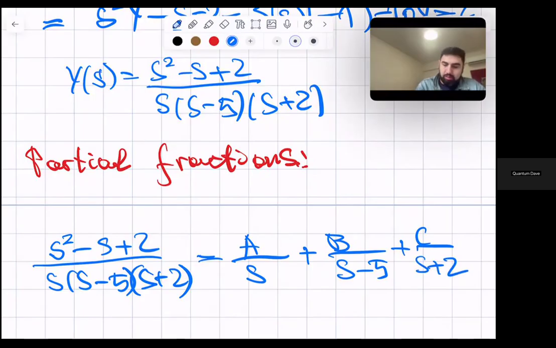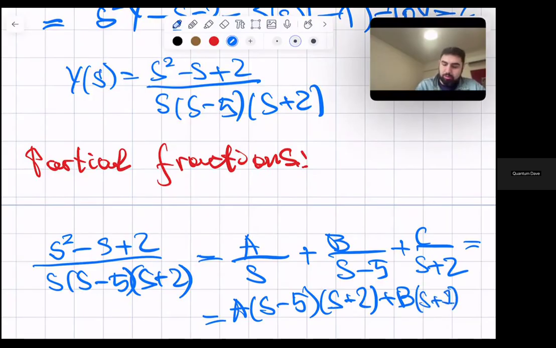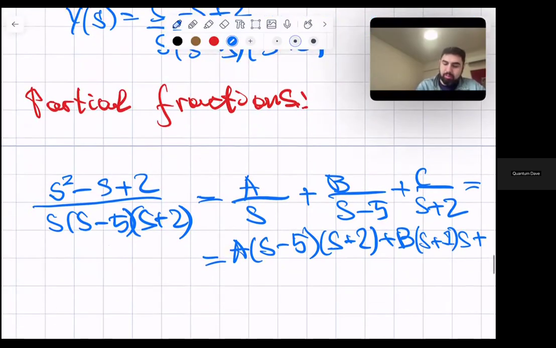And then let's multiply by the common denominator, and we get A times (s minus 5) times (s plus 2) plus B times (s plus 2) times s plus C times s times (s minus 5).